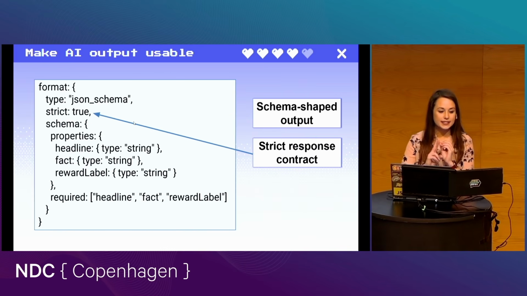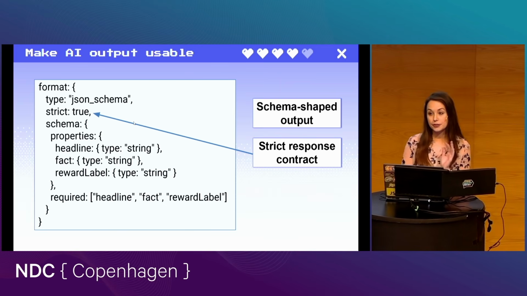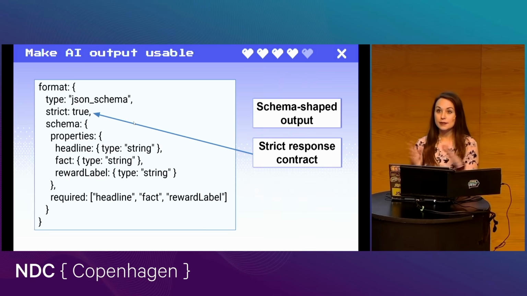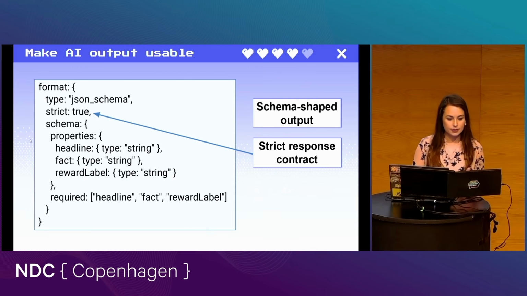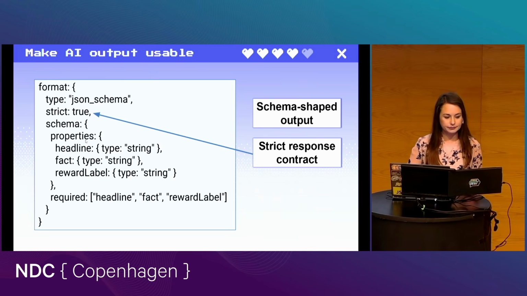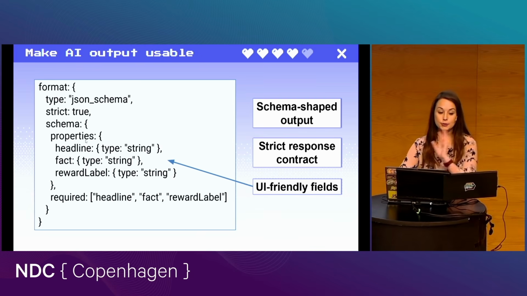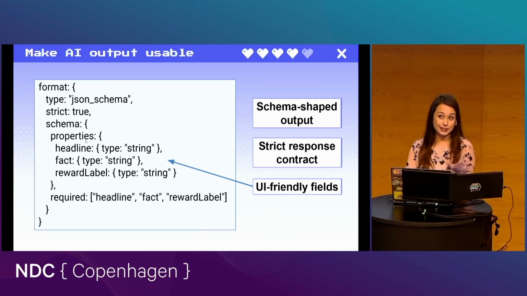All right, the second piece is that the response is very strict, so it does matter once you start building even some small gamified loops. You do need multiple pieces of content, going to different parts of the interface. So one field might be the title, one might be the main card text, one might be the reward, etc. And then the third piece is that these fields map directly to what the UI actually does render.